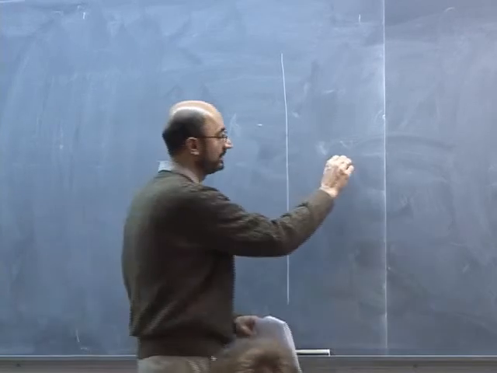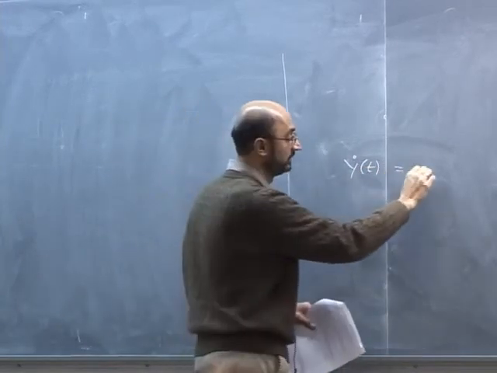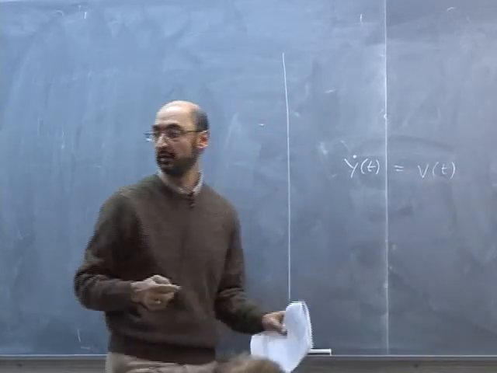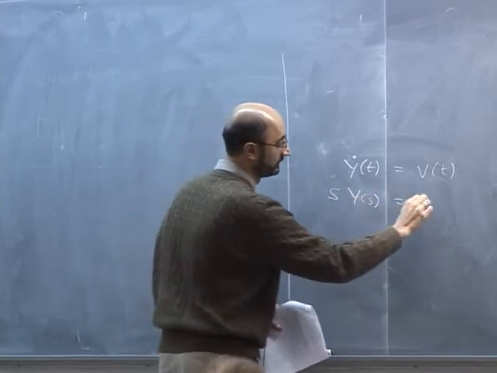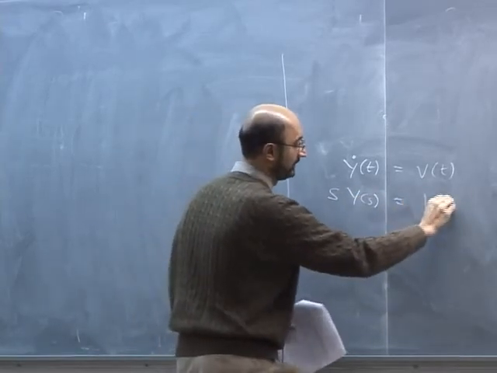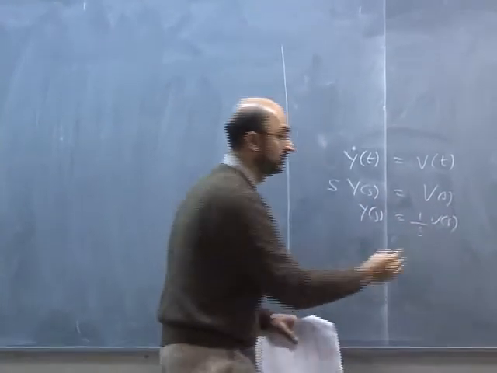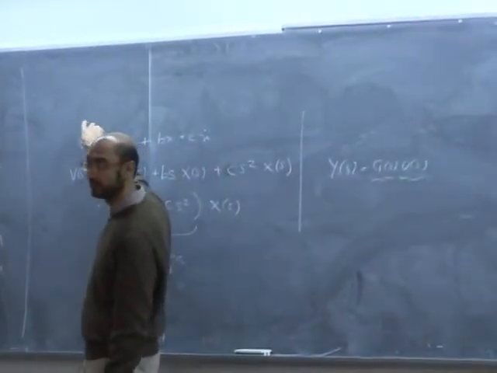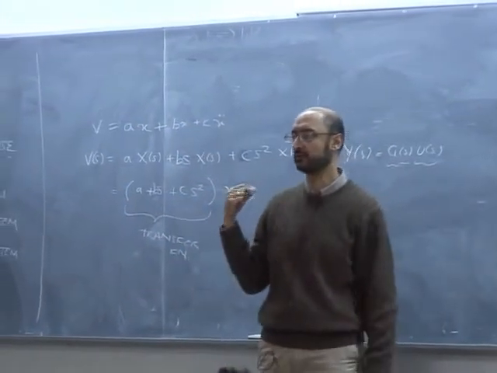So we had basically y dot of t equals v of t. And so we had on the left hand side sY(s) equals V(s). And so Y(s) was 1 over s V(s). If you look at it over here, the velocity is, we're not taking v dot, right? We're just taking v. Okay, so that's why you're getting it in this form. It's not 1 over s.